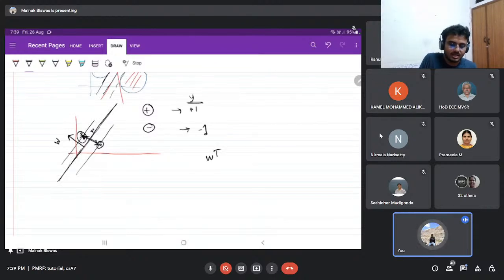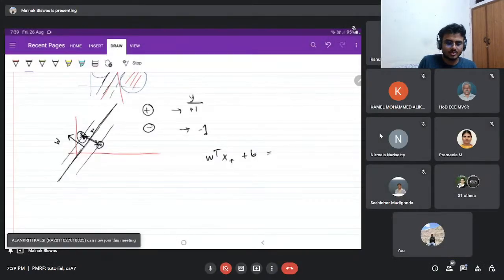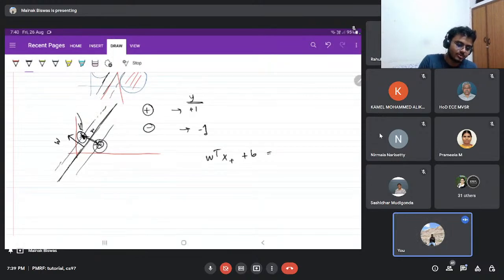Somebody volunteer and tell me, for this x positive, what will this value be? Greater than or equal to 0. Yes, that is true, but it is on this line. These are called support vectors.